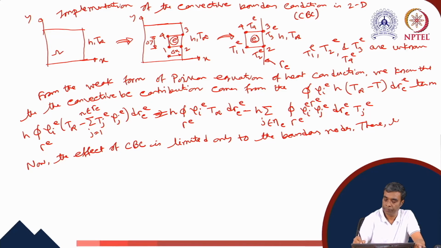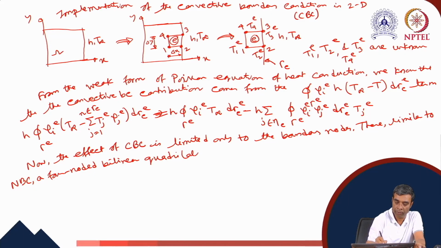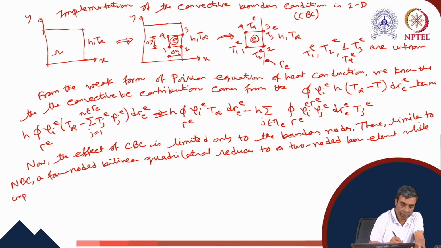Therefore, similar to NBC, a four-noded bilinear quadrilateral reduces to a two-noded bar element while implementing the convective boundary condition.